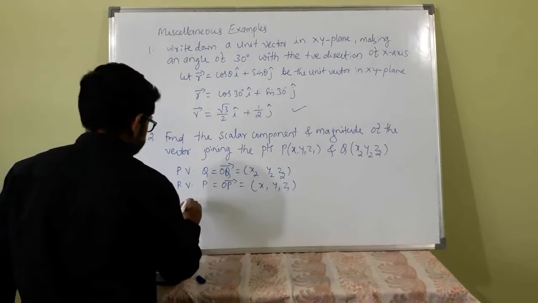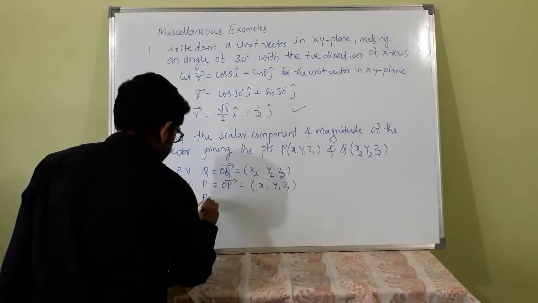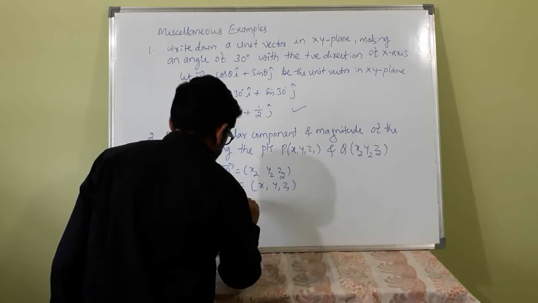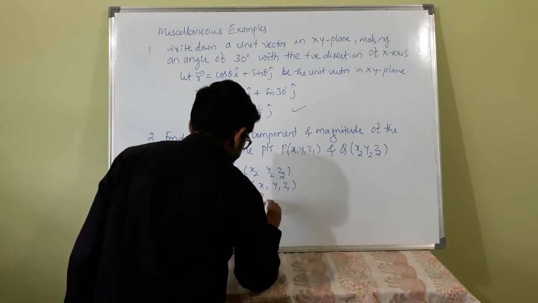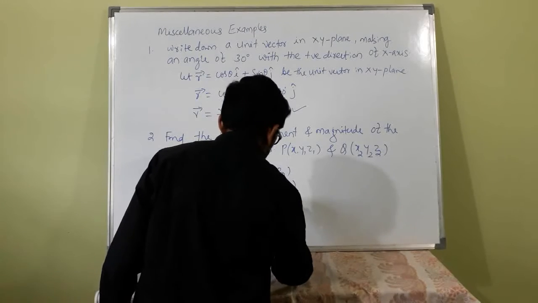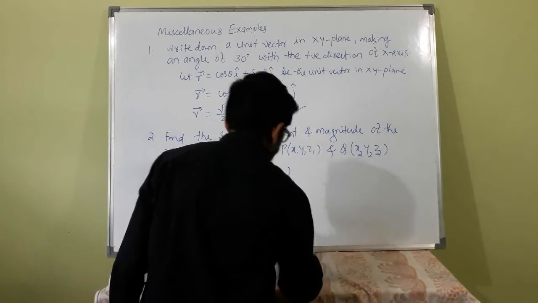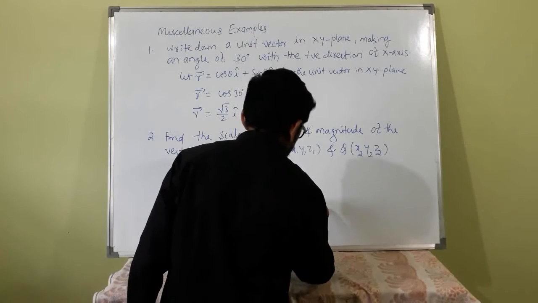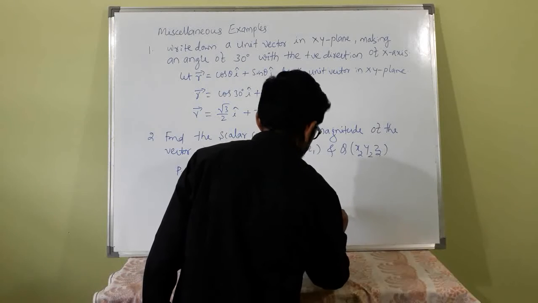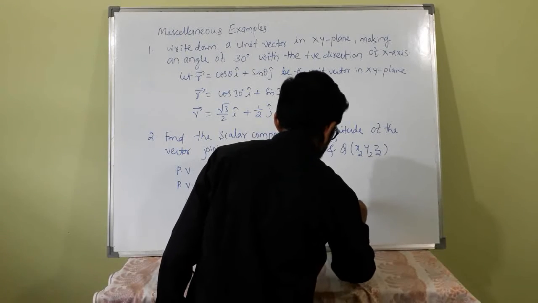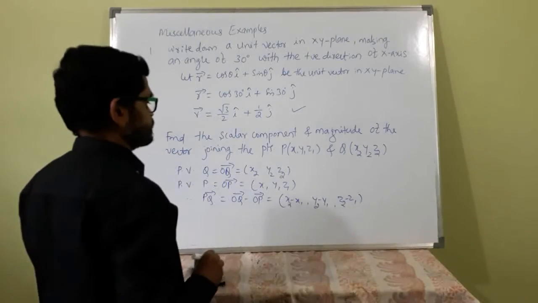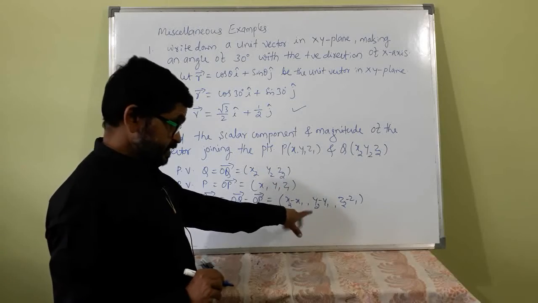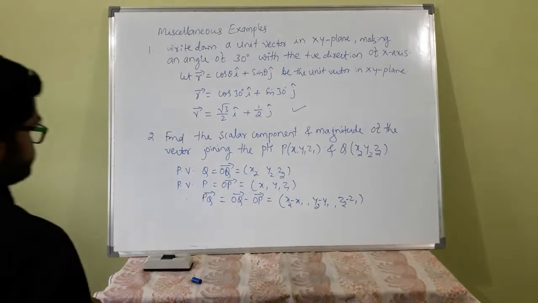Then therefore vector PQ is OQ minus OP, that is x2 minus x1, y2 minus y1, z2 minus z1, that is (x2 minus x1) i, (y2 minus y1) j, (z2 minus z1) k.